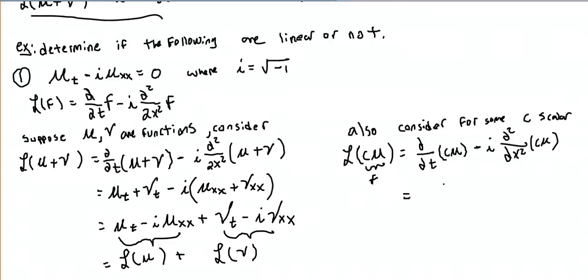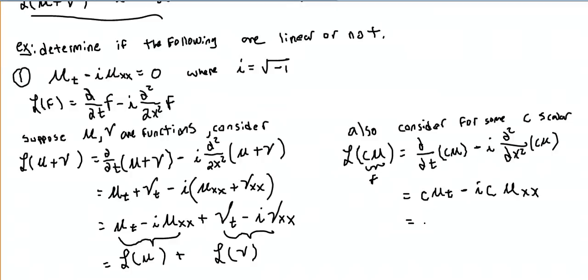Well, this is equal to c u sub t minus i c u xx. The c can come out because we know differential operators are linear. Well, this is the distribution of a scalar between two terms.